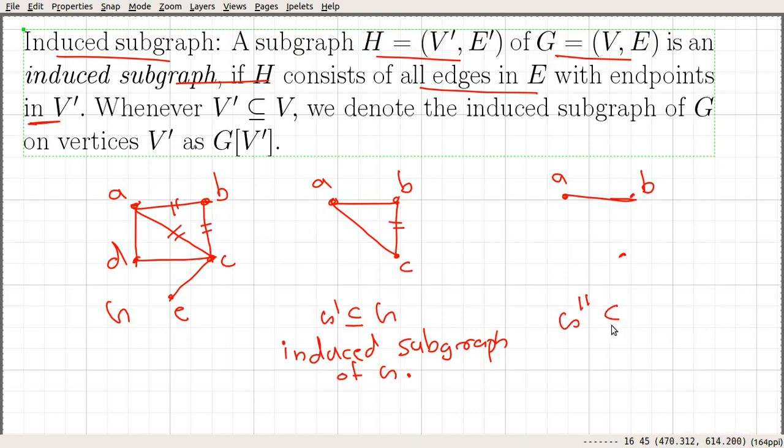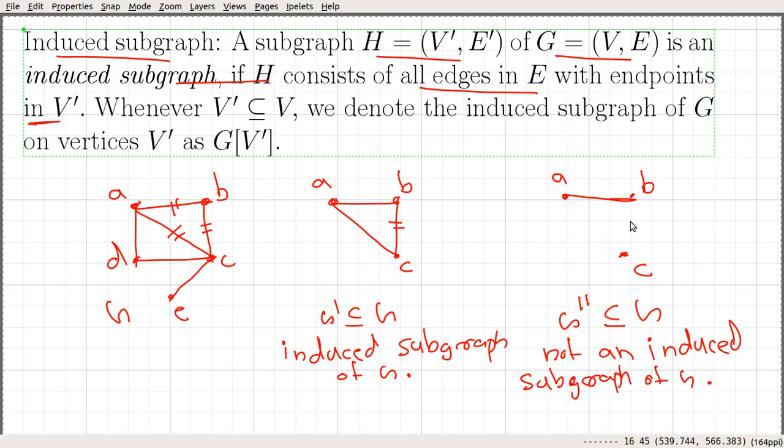G double dash is a subgraph of G, but it is not an induced subgraph of G. So why is G double dash not an induced subgraph? Because two edges are missing. This edge is missing and this edge is missing, and because of that reason, it is not an induced subgraph.